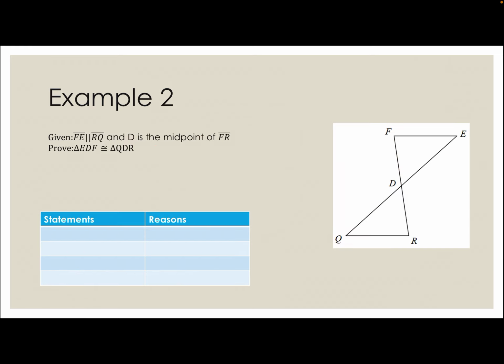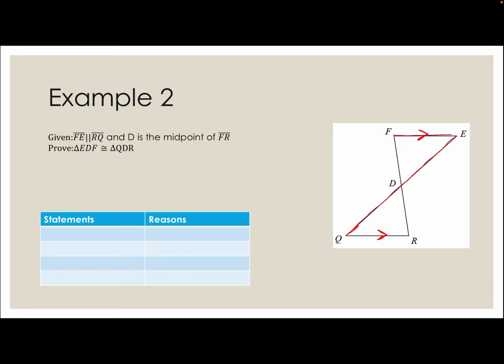For example 2, we are given that FE is parallel to RQ and D is the midpoint of FR. So if FE is parallel to QR, we know that this segment QE acts as a transversal.